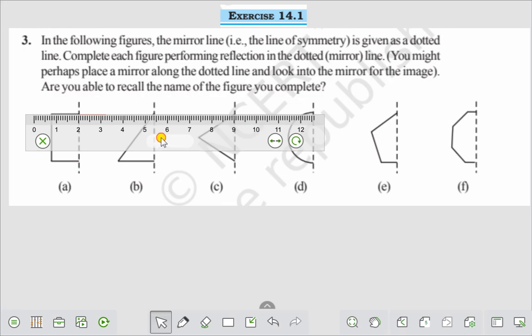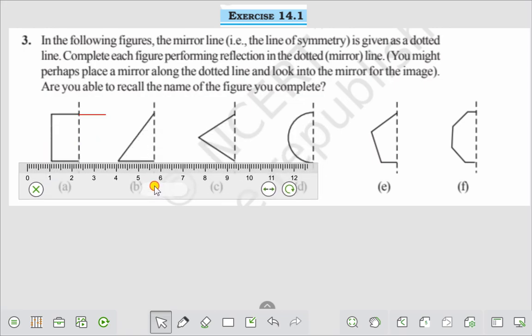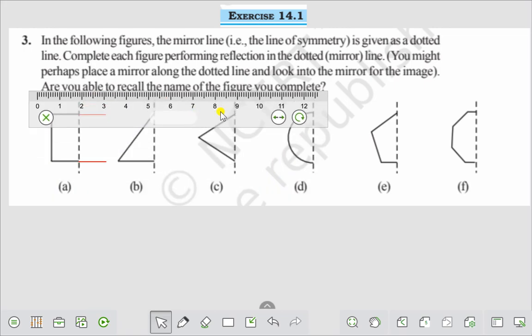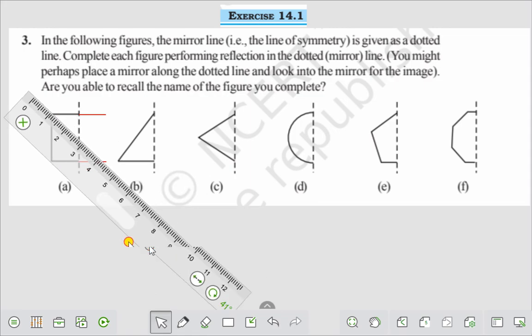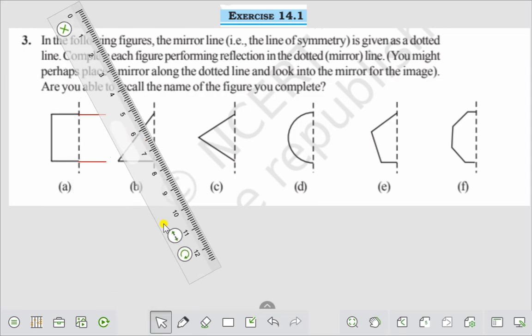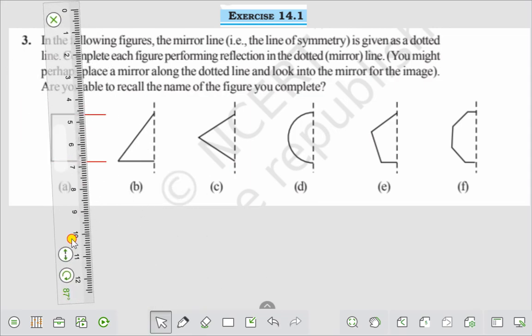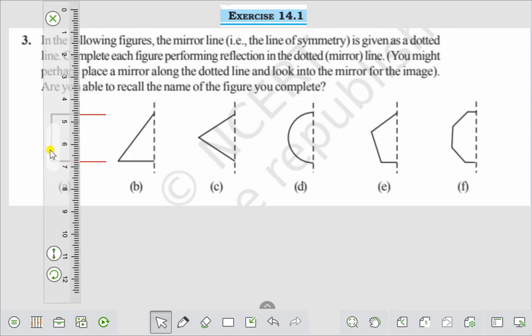Right? After that, you can draw this line also. That is the same length, right? Now, if you draw the vertical line, then you'll get a square.